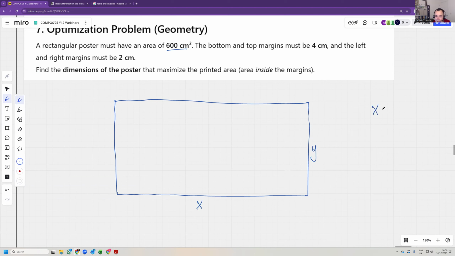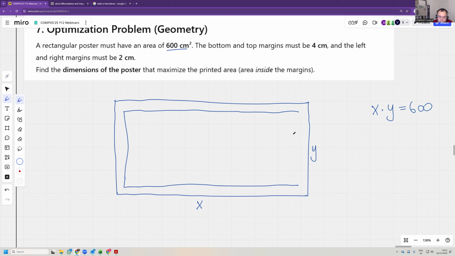So we know that x multiplied by y must equal 600. But we have to have margins. The top and bottom margins must be 4 centimeters. So you can only print on that area, of course, because when you have a poster, you have to leave some space on the margins.